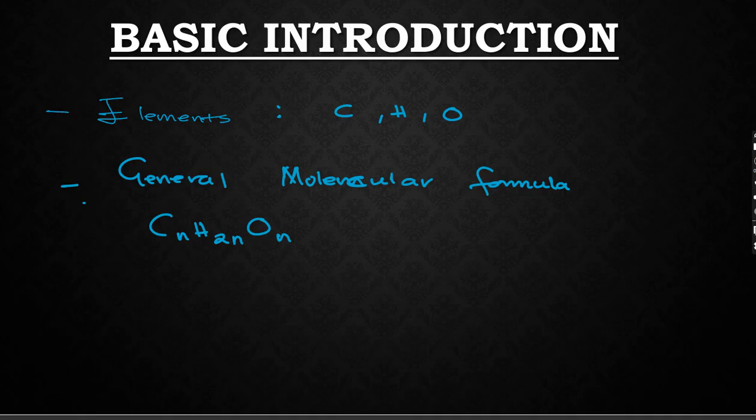What does this mean? It means that the number of hydrogens is twice the number of carbons and oxygens. So if we have two carbons, hydrogen will be 4, because 2n means 2 times the number of carbons or oxygens, so 2 times 2, which is 4.